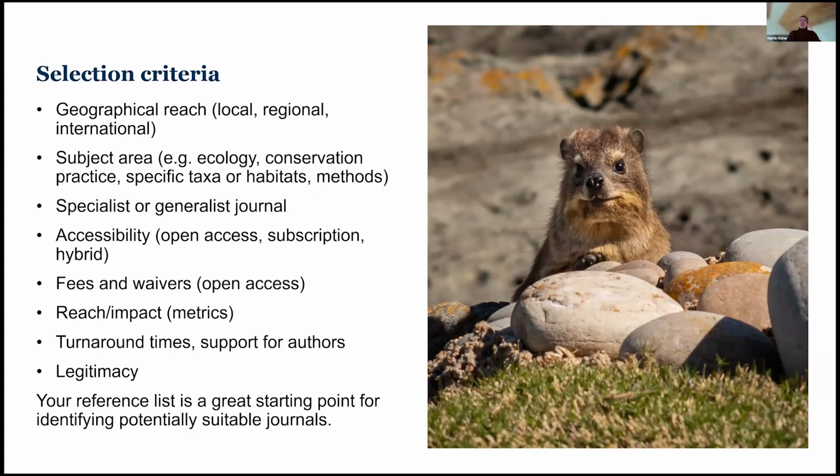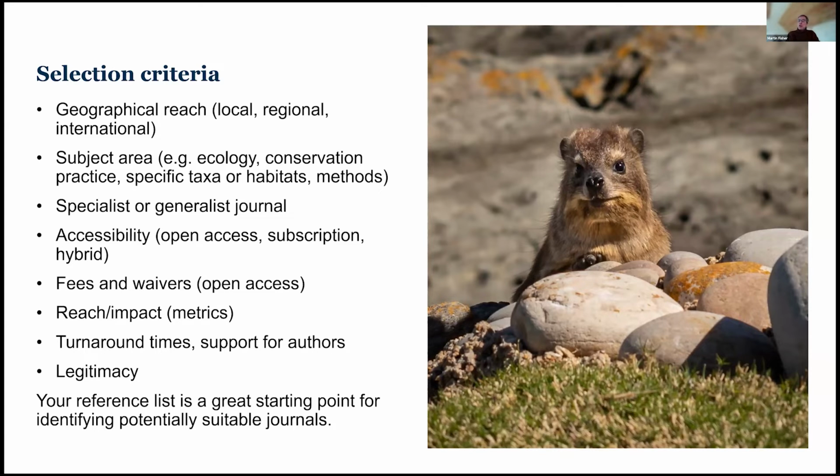You want to consider the geographical criteria, whether it's a local or a national or an international journal you want to use, and the subject area, whether it's a specialist journal. So is your work really only going to be of interest to birders? Then you might consider Bird Conservation International, for example, rather than a more broad journal such as Oryx.